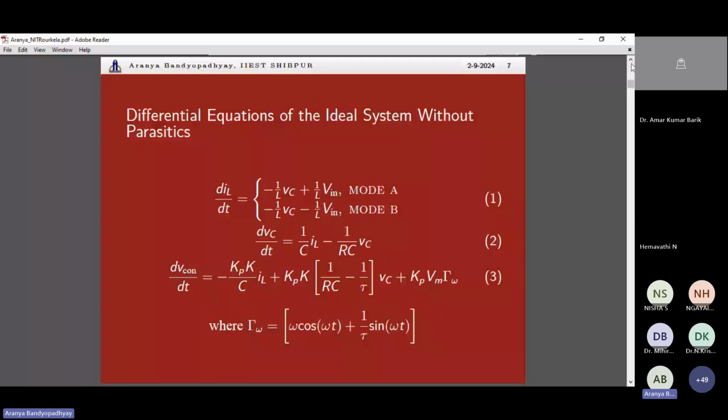In the case of the capacitor, when its value increases, always remember that its ESR decreases. And these are the differential equations of the ideal system without parasitics for the inverter. See, the first two equations correspond to the power stage, and this equation corresponds to the control stage.